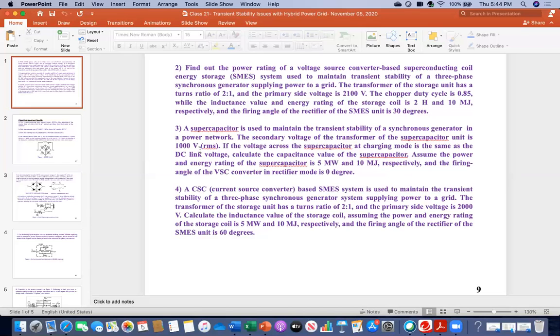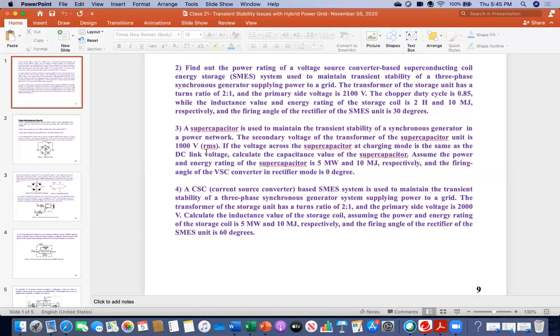So 3 multiplied by root 2 multiplied by 1000, divided by pi. That is why it is mentioned as RMS, meaning you have to convert it into peak.